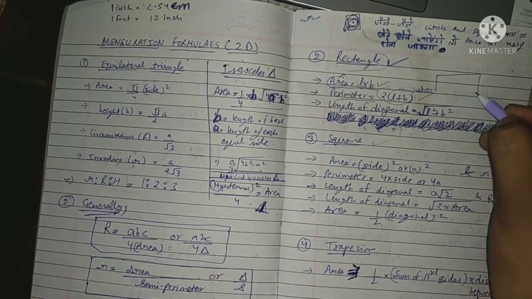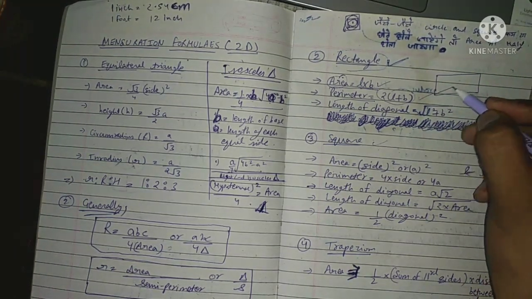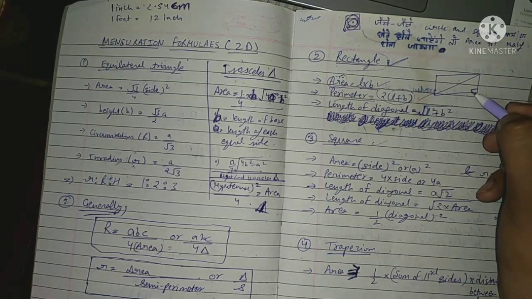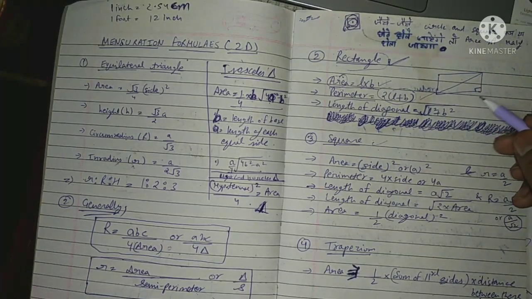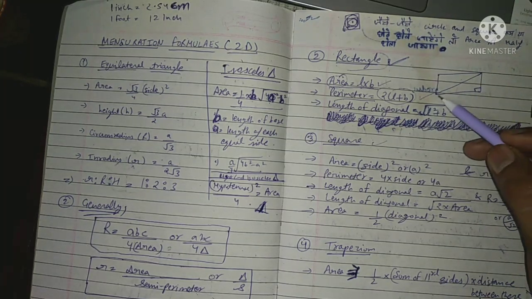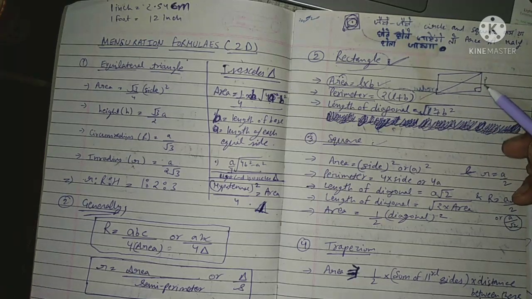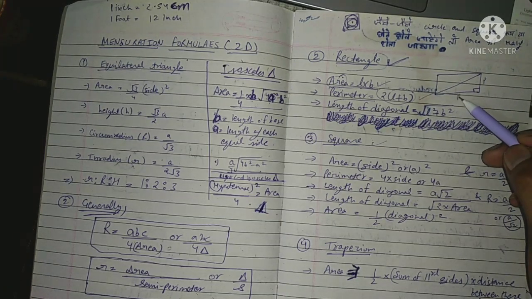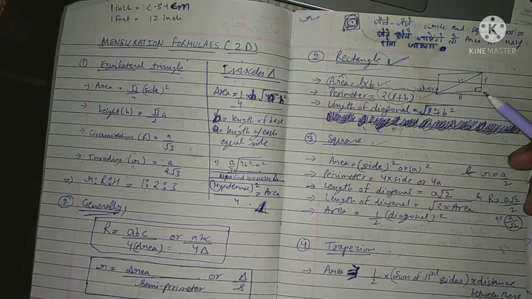So see, this is a rectangle, and if this is a diagonal, then we know that each angle is 90 degrees in a rectangle. So it is a right angle triangle, and in this right angle triangle you will get perpendicular, base, and hypotenuse.